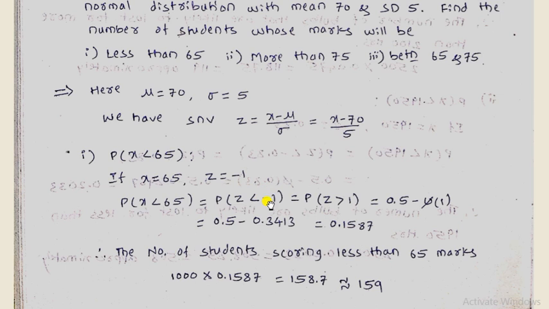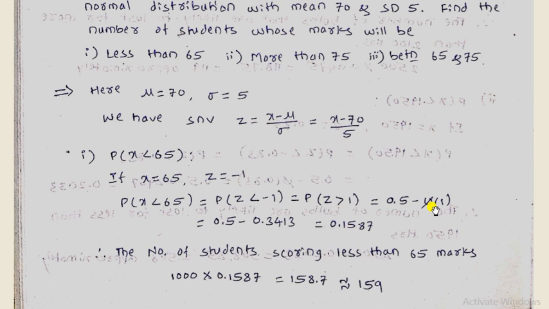Again, convert this minus value into plus. Therefore, write z is less than minus 1 as z is greater than 1. So it is in the form of probability of z is greater than z2. Its standard value is 0.5 minus phi of z2.